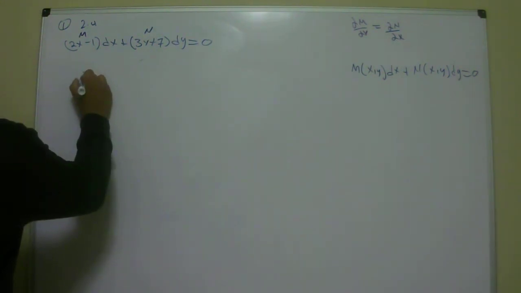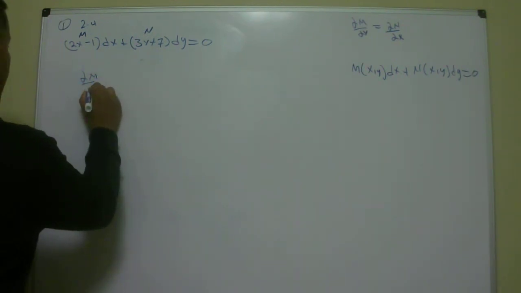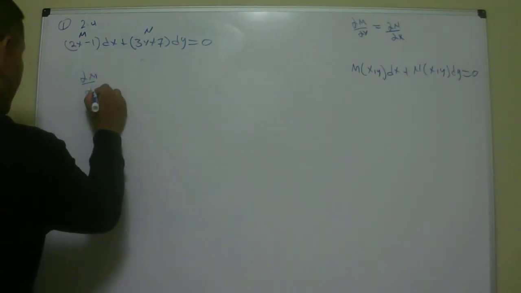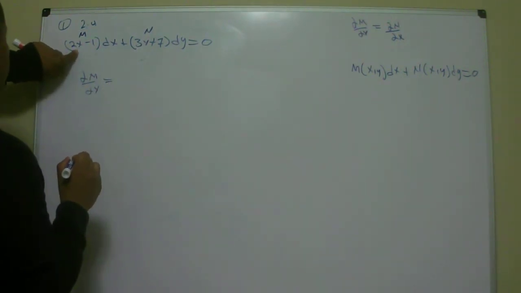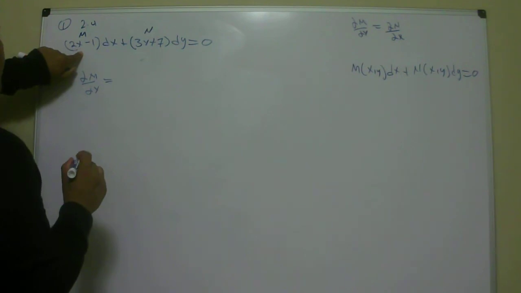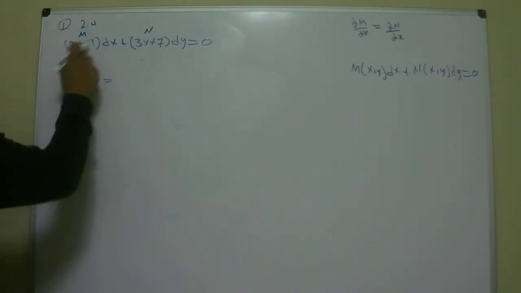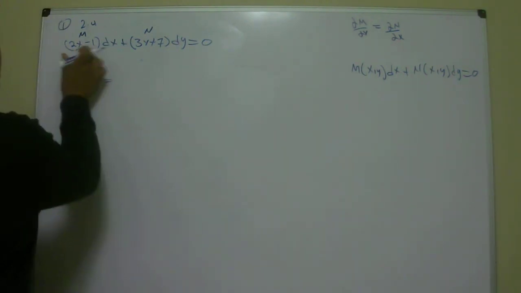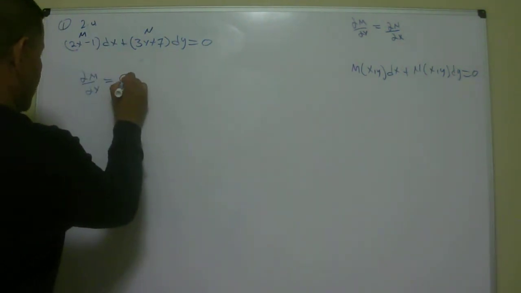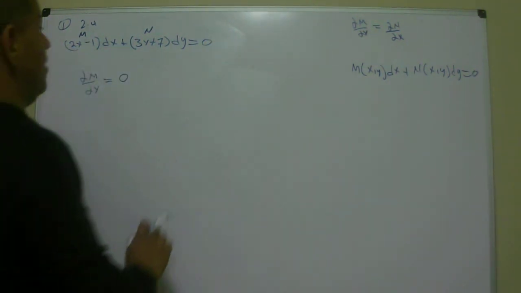So we're doing the partial derivative of M with respect to y. In this one, we have no y, so everything goes to 0. You treat this whole piece as a constant, so the partial derivative with respect to y in this piece is 0.